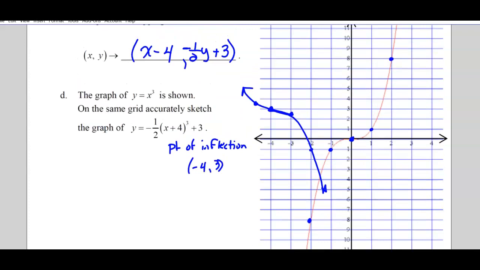So you could have found more points if you had more graph paper on the left if you needed more. You could expand it higher and find another one within there, but close enough.